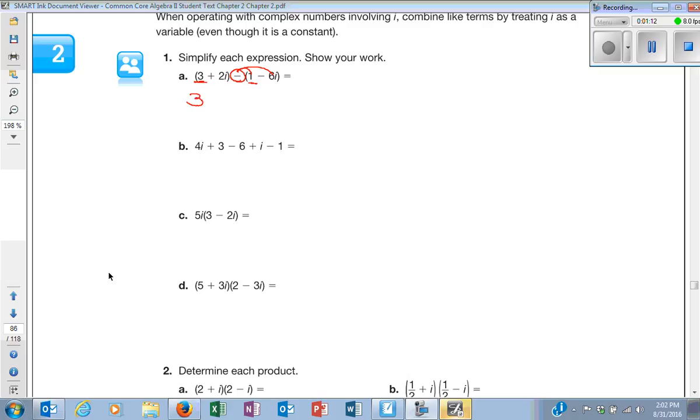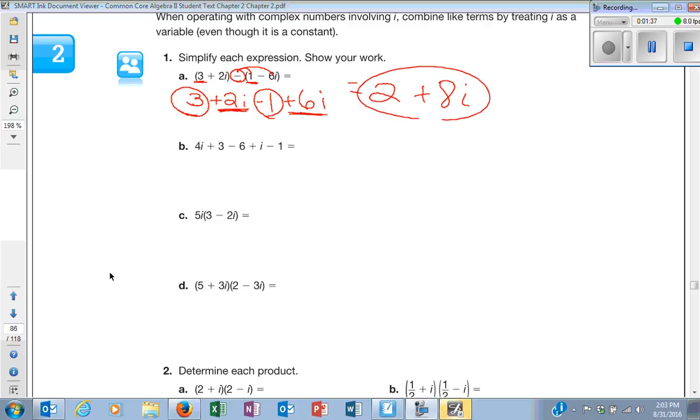So it's going to become 3 plus 2i, and then this becomes a -1 and a positive 6i. And then I can actually combine this 3 with this -1, and I combine this with this. And when I do that, 3 minus 1 is 2, and 2i plus 6 more i's would be a total of 8i. So that would be that simplified.